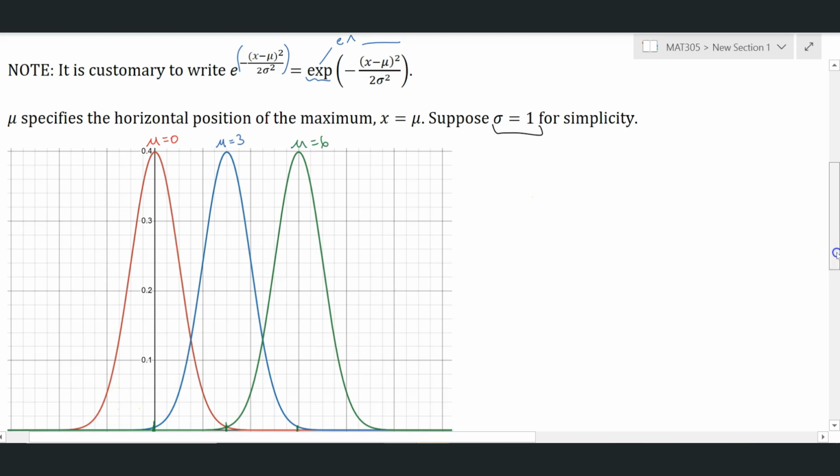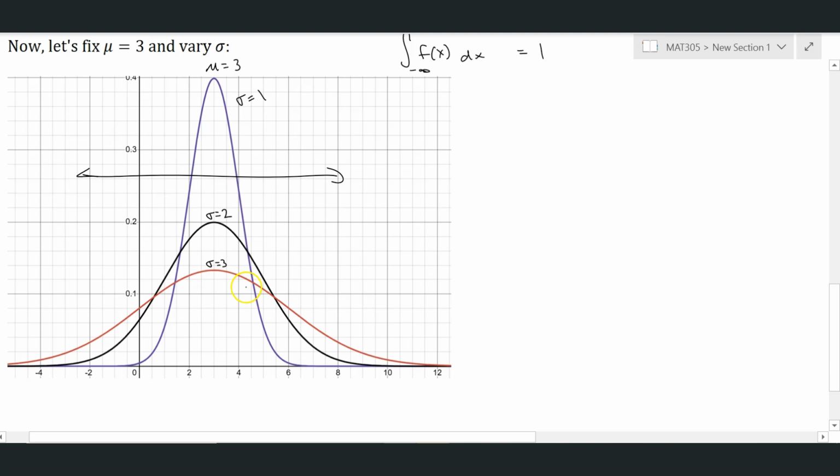So the sigma just spreads things out. Okay, if you had sigma equals 100, you would get something that looks pretty flat, but with a tiny peak. And you can see that as the standard deviation gets bigger, there's more area to accumulate before you really zero out on the y value.